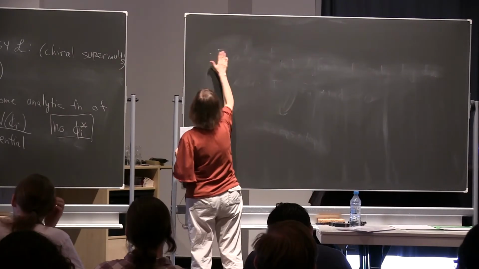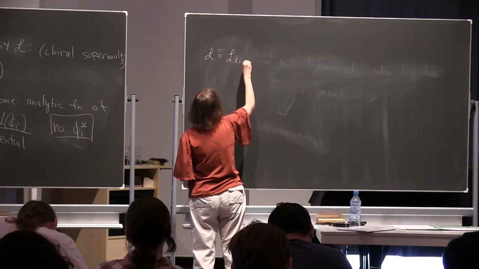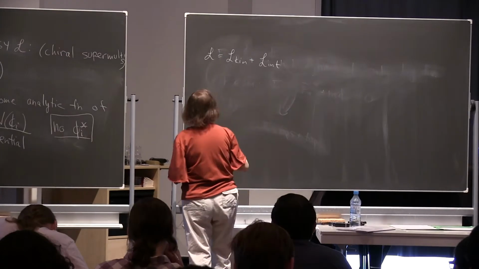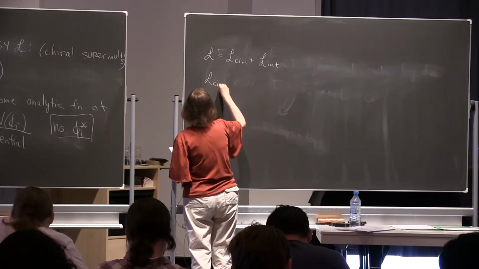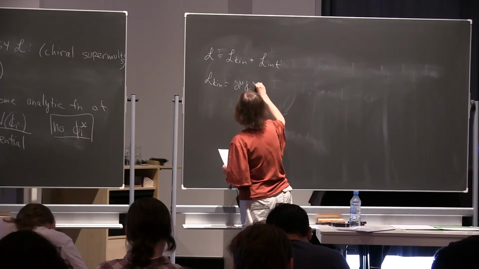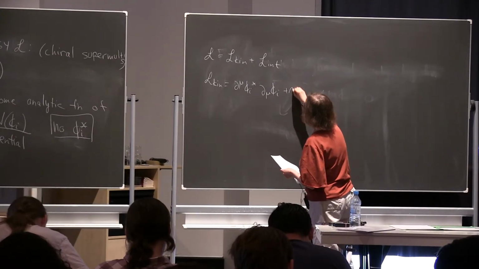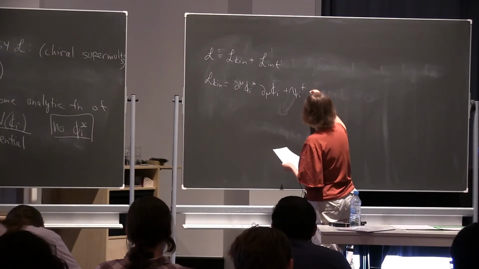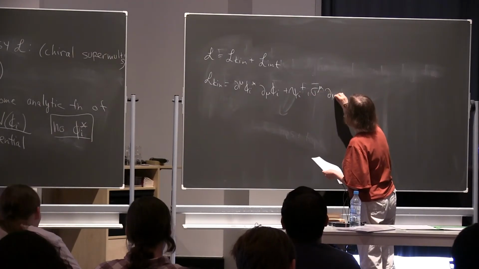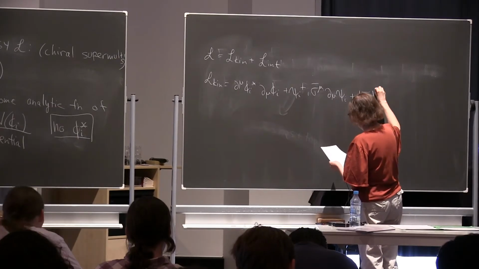So our Lagrangian is given by a kinetic part plus the interaction part. The kinetic part is the same thing that we wrote before. There is ∂_μ φ_i^* ∂^μ φ_i + ψ_i^† i σ̄^μ ∂_μ ψ_i + F_i^2.